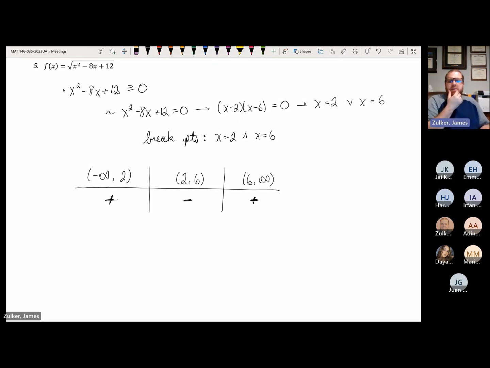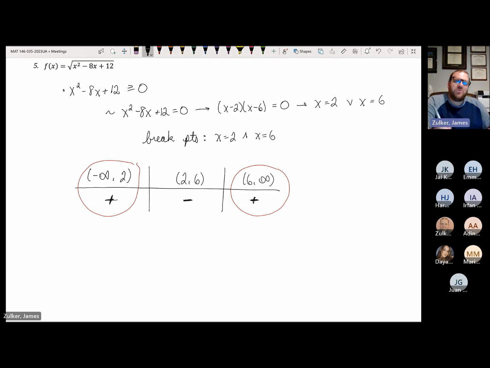Now we go back and we look at the inequality. Was the inequality greater than or less than? Greater. The greater tells us we want the intervals that are positive. Now you look back and you go, is it greater or greater than or equal to? It's greater than or equal to.